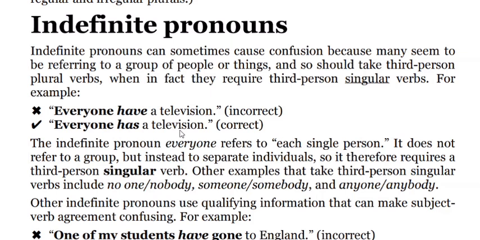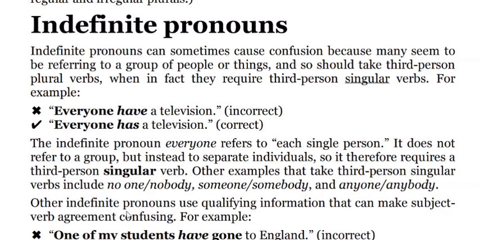The indefinite pronoun everyone refers to each single person. It does not refer to a group, but instead to separate individuals, so it requires a third person singular verb. Examples that take a third person singular verb include no one, nobody, someone, somebody, anyone, anybody.